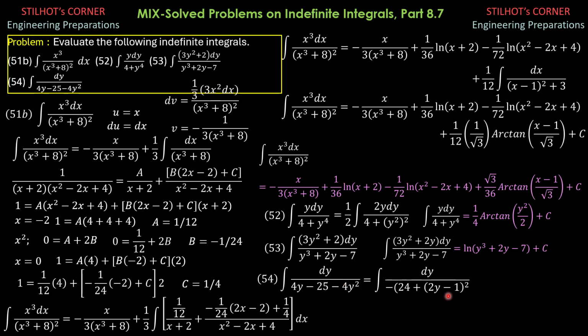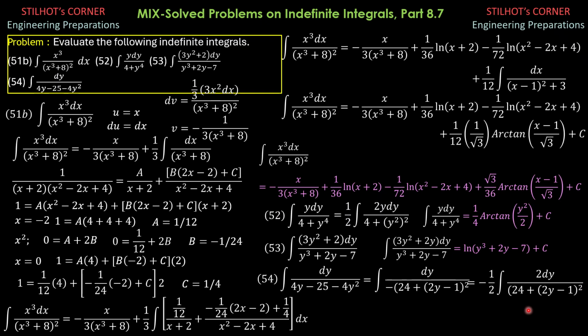So if you let u be 2y minus 1, the differential is 2 dy. So we introduce 1 half. So that would be negative of 1 half because of this negative 1 here. Integral of 2 dy over quantity 24 plus 2y minus 1 quantity squared. So this is in the form du in the numerator, in the denominator a squared plus u squared, where a is square root of 24 and square root of 24 is 2 square root of 6 and u is 2y minus 1.